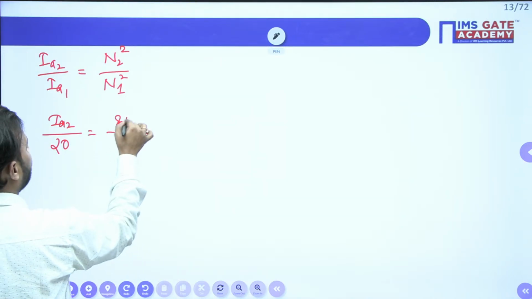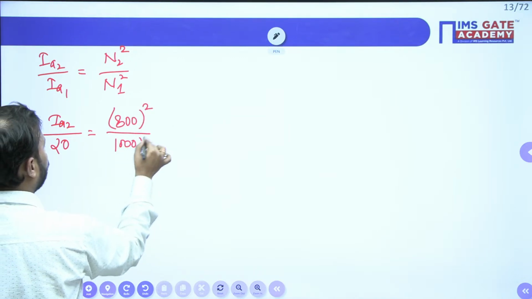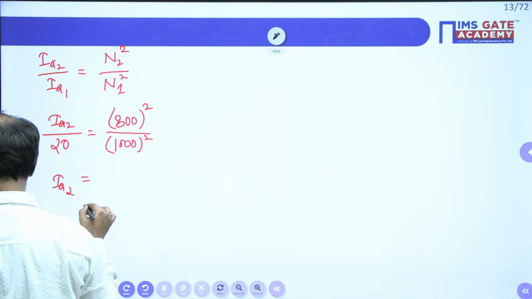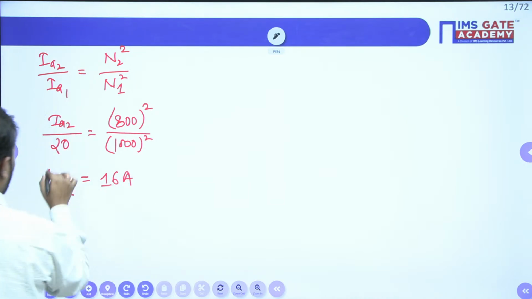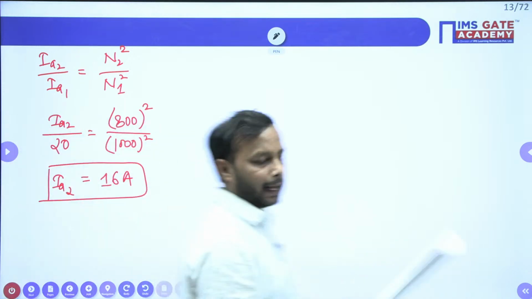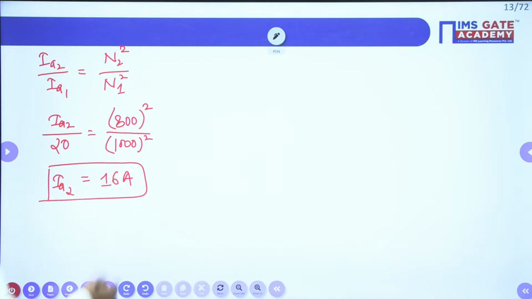N2 is given as 800, whole square divided by 1000 whole square. So from here IA2 will become equal to 16 ampere. Done? Clear everybody? So we have the IA2 value like this.